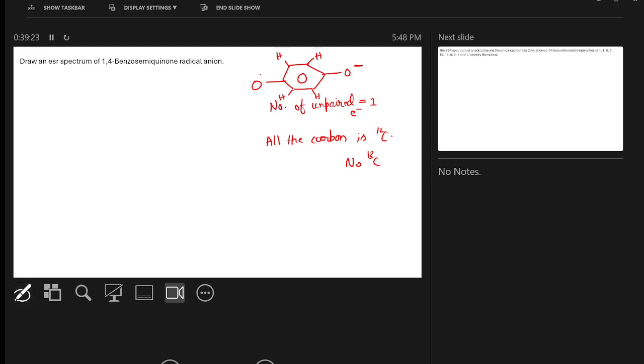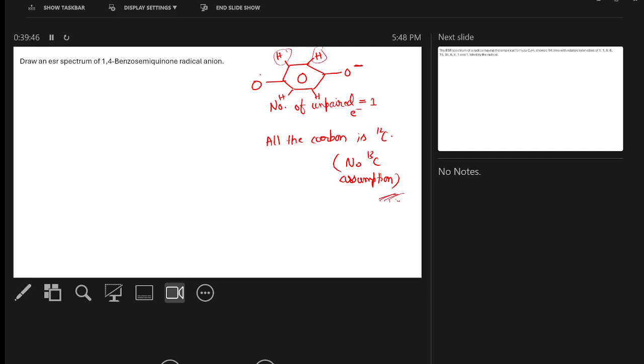We are making that assumption, because for C13 we don't have I equal to 0. So in that case, this free radical will interact with C13 also. So to make it less complex, we are taking this assumption. So there are four hydrogens.